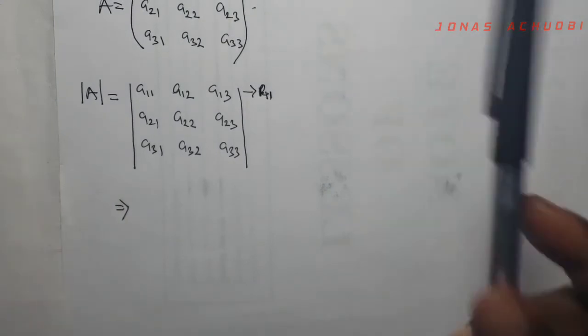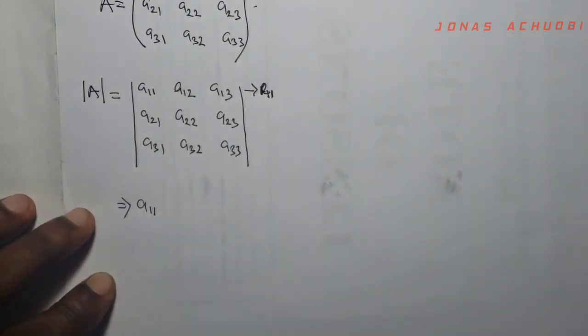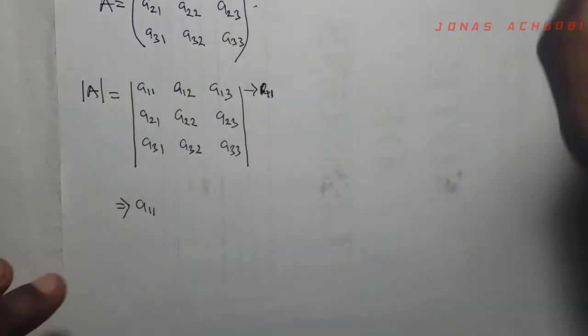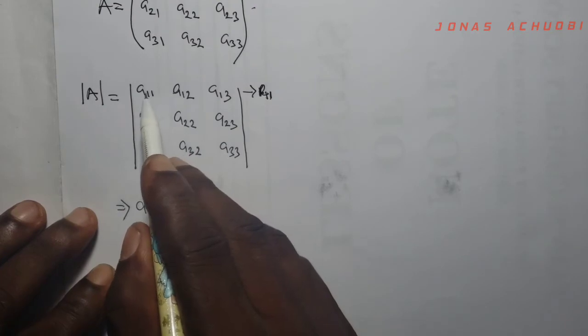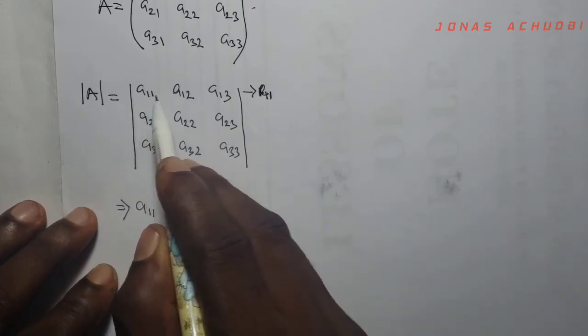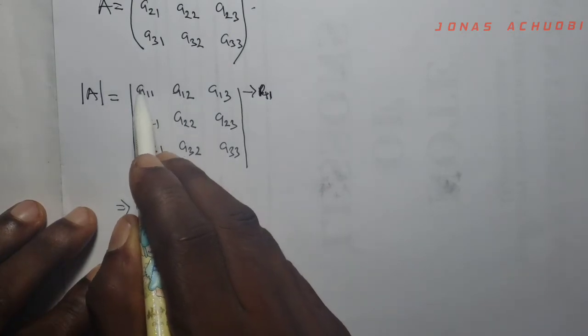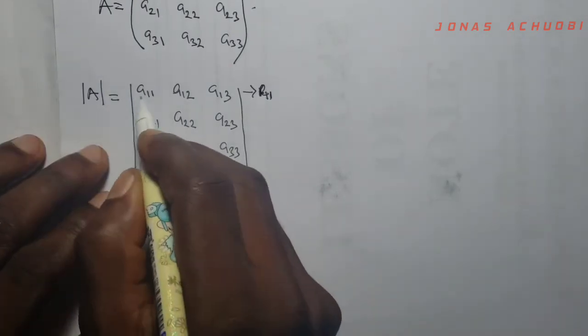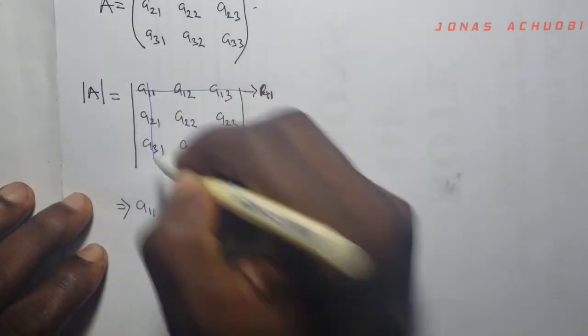So we pick the first entry, A11, and what we now do is delete all the entries in the row where A11 is found and in the column where A11 is found. Recall, A11 means the entry in row 1, column 1.